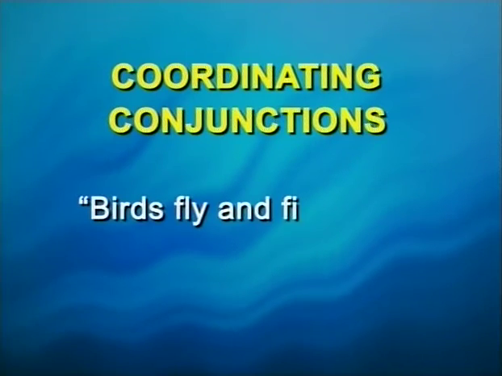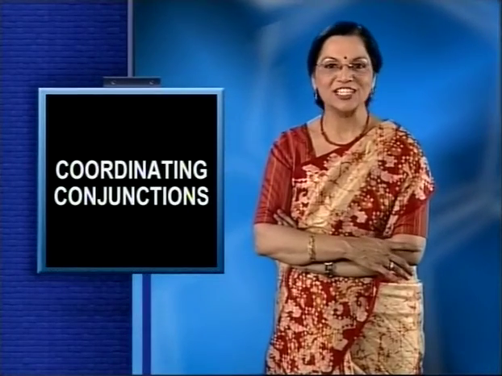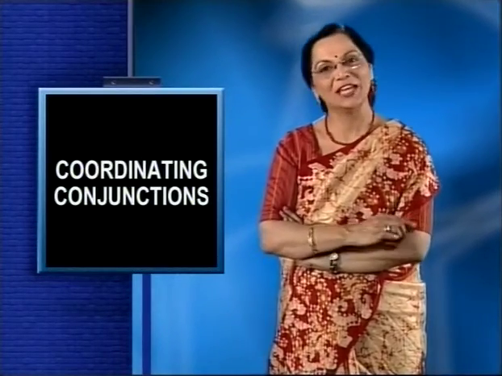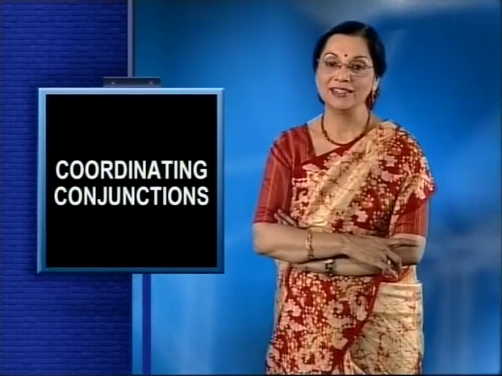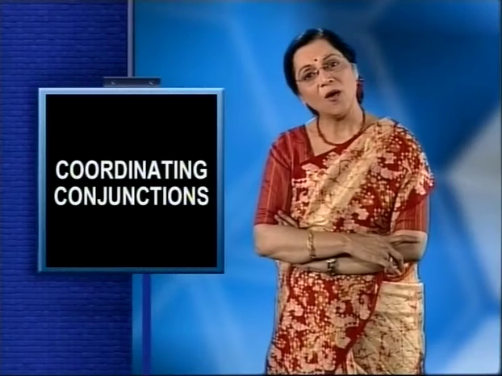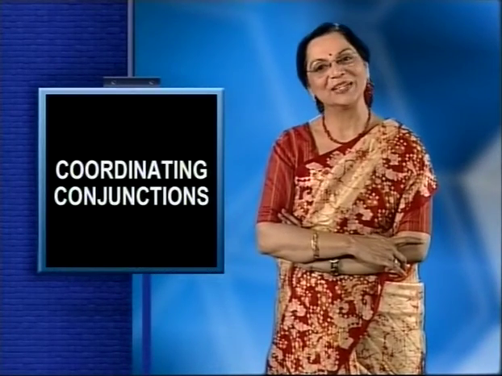Coordinating conjunctions: birds fly plus and plus fish swim. Thus, a coordinating conjunction joins together clauses of equal rank. The chief coordinating conjunctions are and, but, for, or, nor, also, either or, neither nor.